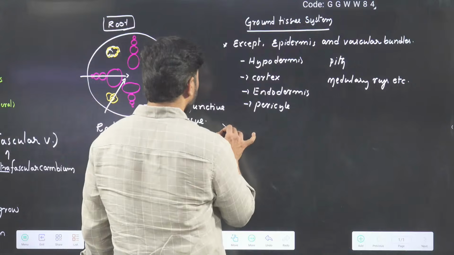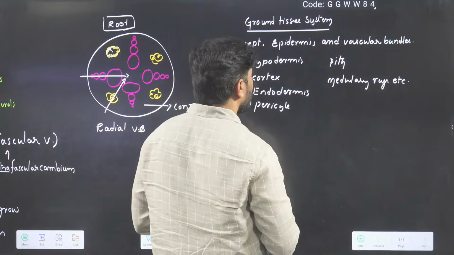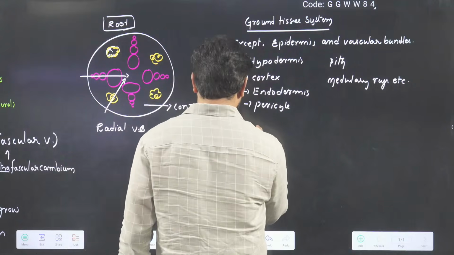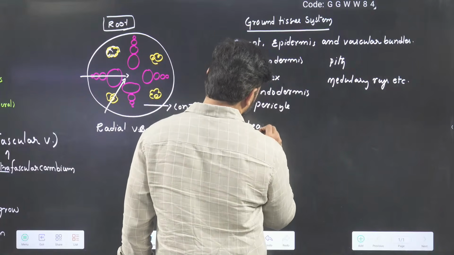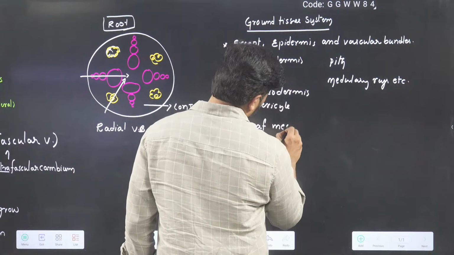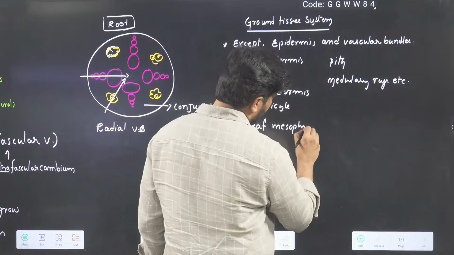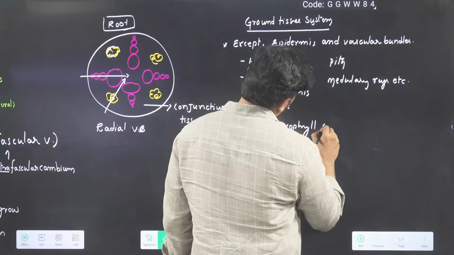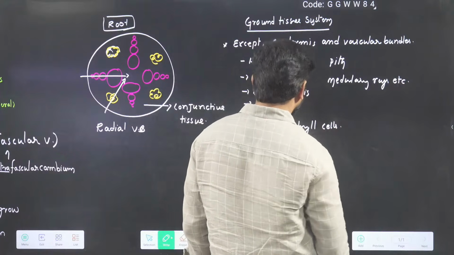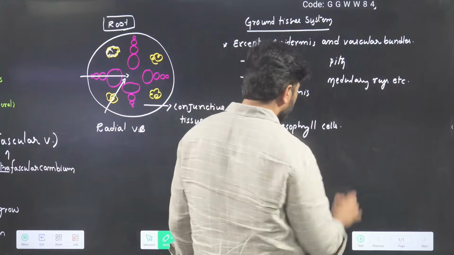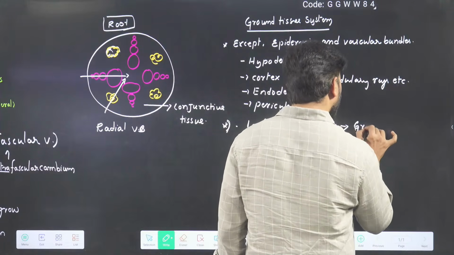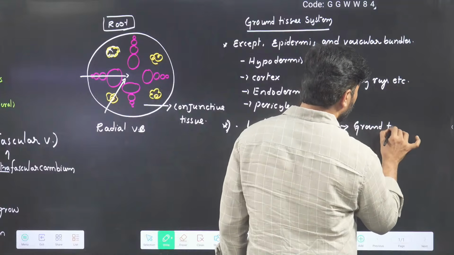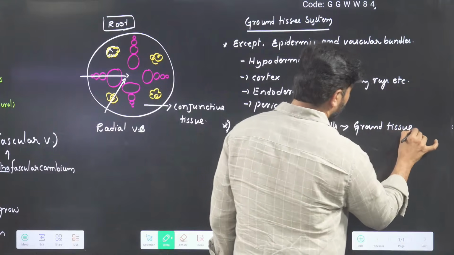In that, very importantly, one thing we have to talk about, that is, leaf mesophyll cells. The leaf mesophyll cells, who are well known for photosynthesis, they are responsible for photosynthesis. They are a variety of ground tissue. Next one.